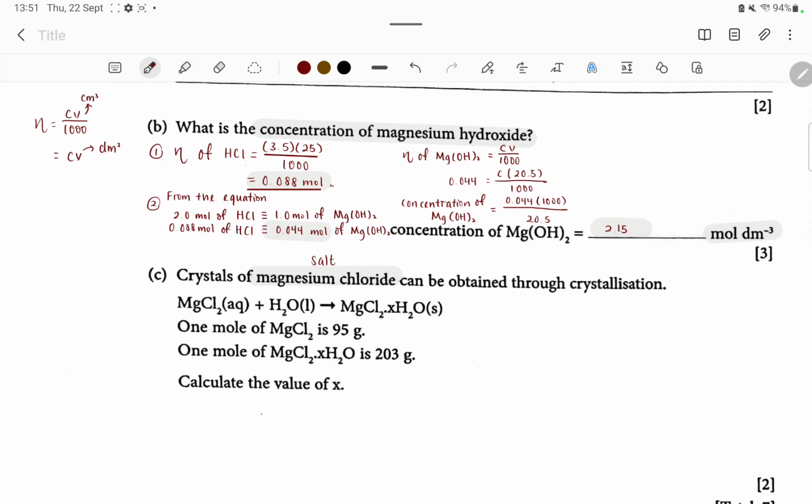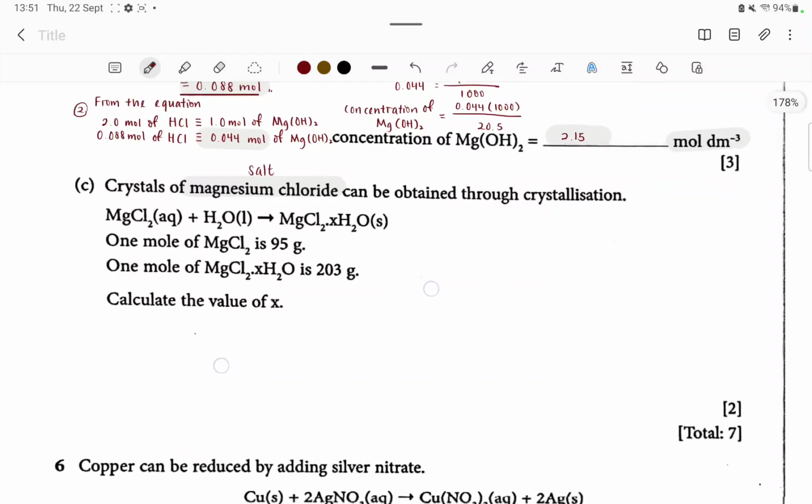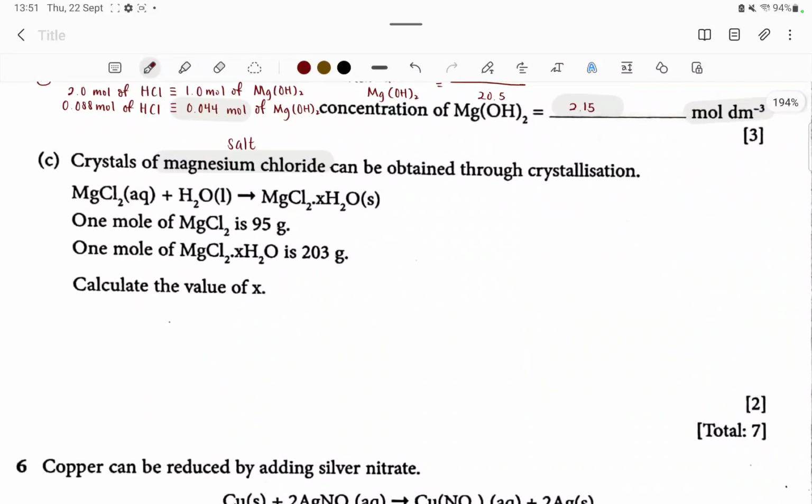They give you the equation. Plus water equals MgCl2 times X mole of H2O. 1 mole of MgCl2 is 95 gram. 1 mole of this one is 203.